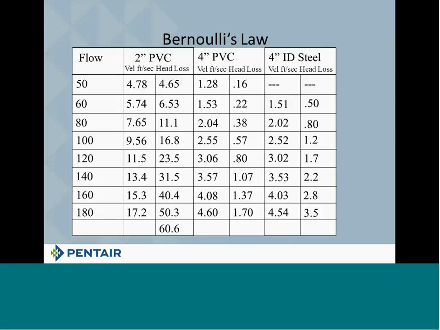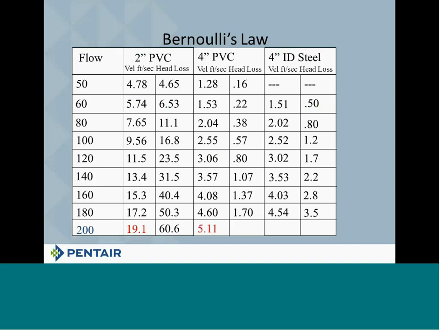All right? So now, the next thing I'm going to do is combine two different charts. We're going to use that chart that we just looked at, and then I'm also going to use the steel chart, which is on page 3. All right? The flow rate we said was 200. We said that in 2-inch PVC, the velocity would be 19.1, but in 4-inch PVC, the velocity is only 5.11.